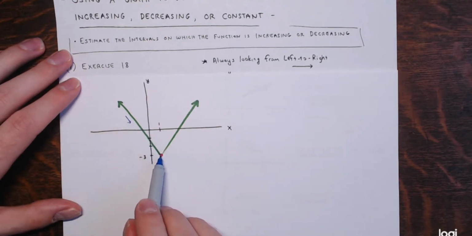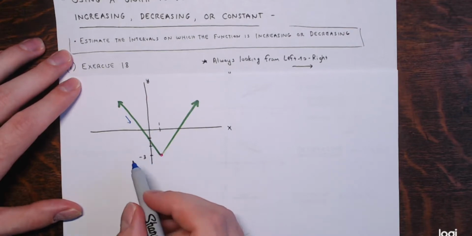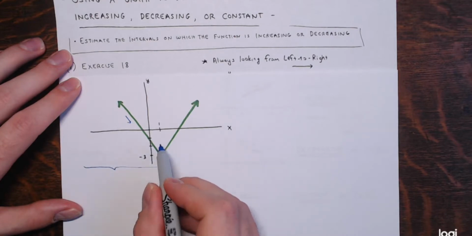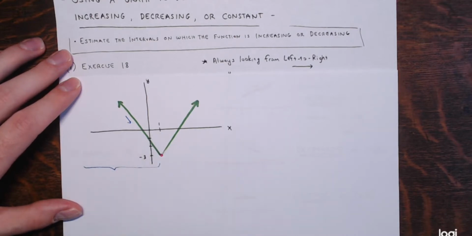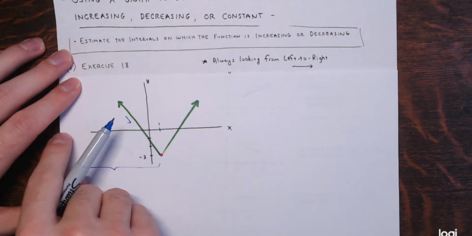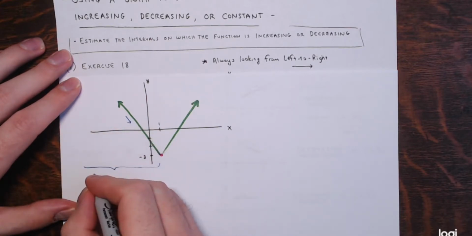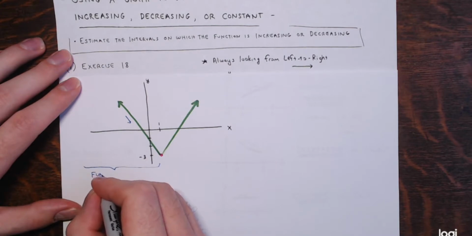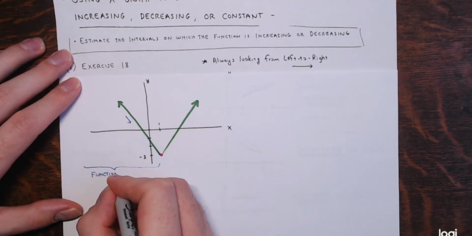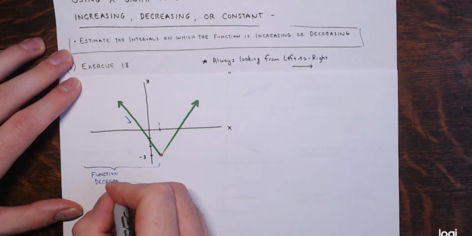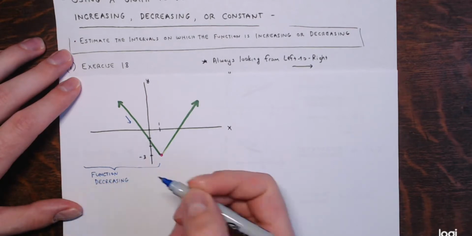The outputs are decreasing. The value of the function is decreasing. So from here all the way up to 1. Notice this is to the left forever. So from the left forever all the way up to 1, the function is decreasing, or the y values are decreasing, same thing.